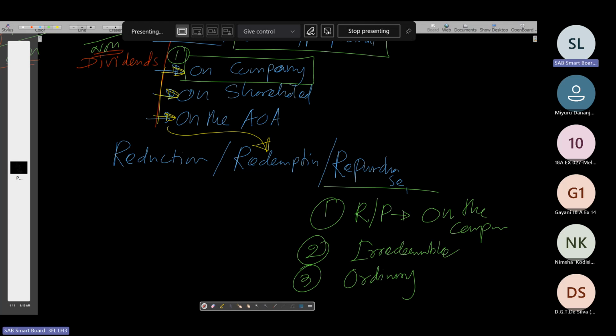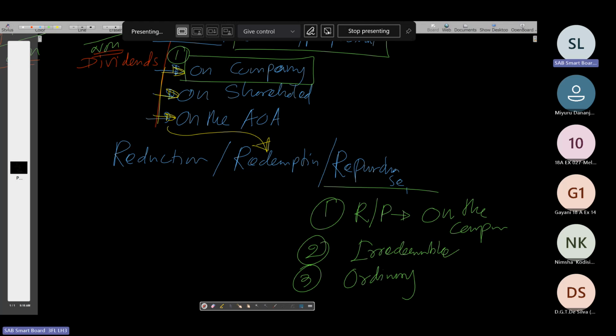Now, generally, ordinary shares and irredeemable shares cannot be redeemed, but they can be bought back. According to the provisions of the Companies Act, for the interest of the company it can buy back ordinary shares and irredeemable shares.